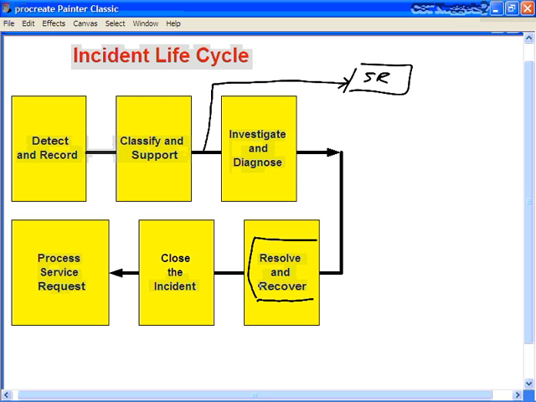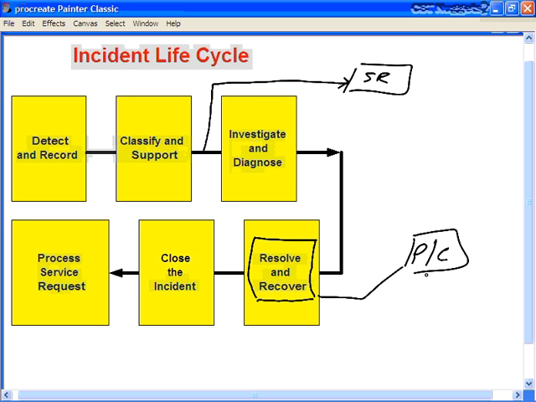There must be some type of resolution to the incident, even if the resolution is to move it over into the problem and change management area of IT services to implement some type of infrastructure change, where resources have to be allocated and systems have to be replaced or updated.